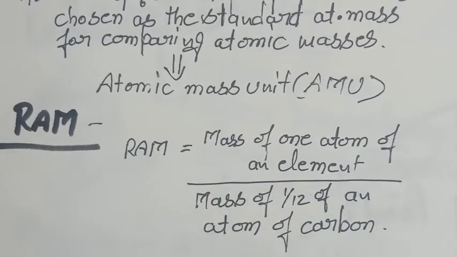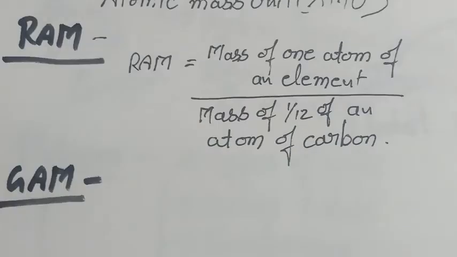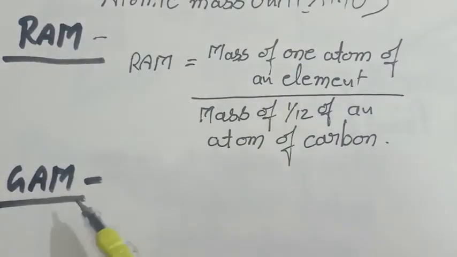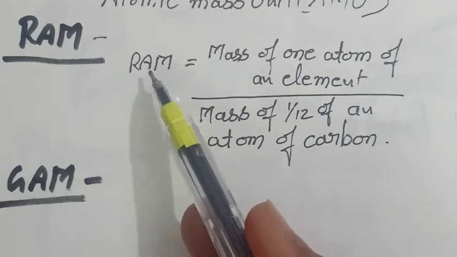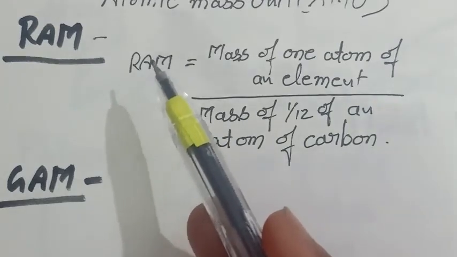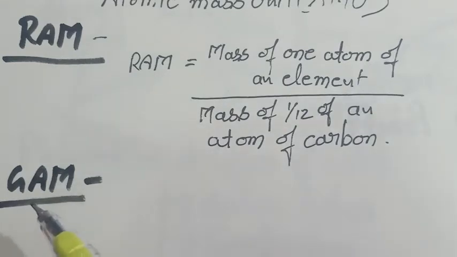Next is gram atomic mass. So student, what is gram atomic mass? The relative atomic mass of an element expressed in grams is called gram atomic mass or gram atom.